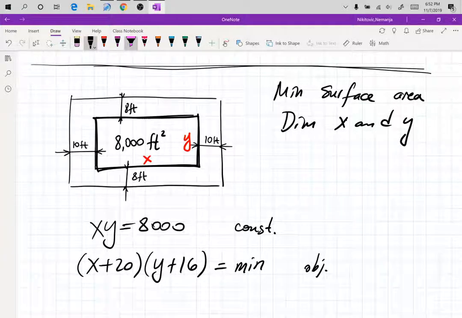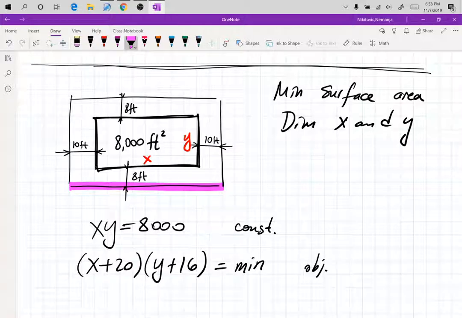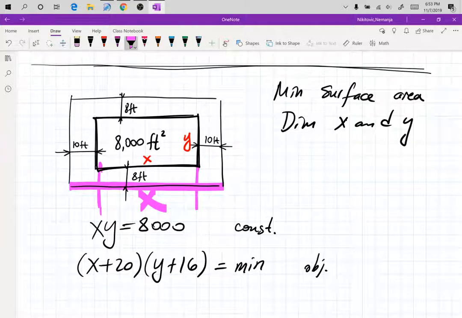Total area is when you multiply the length, and the total length there has x in the middle. So that's x, and then you have a 10 over here and 10 over here, right? So that's 10 plus 10 is 20, and then plus x, and that gives us x plus 20 for the length.